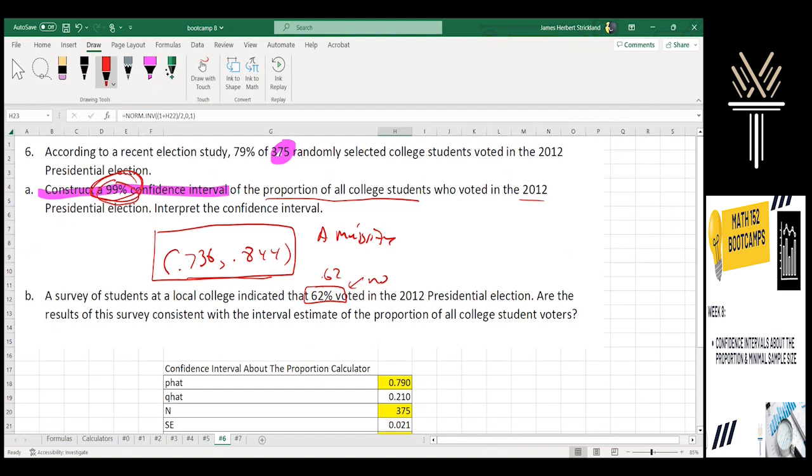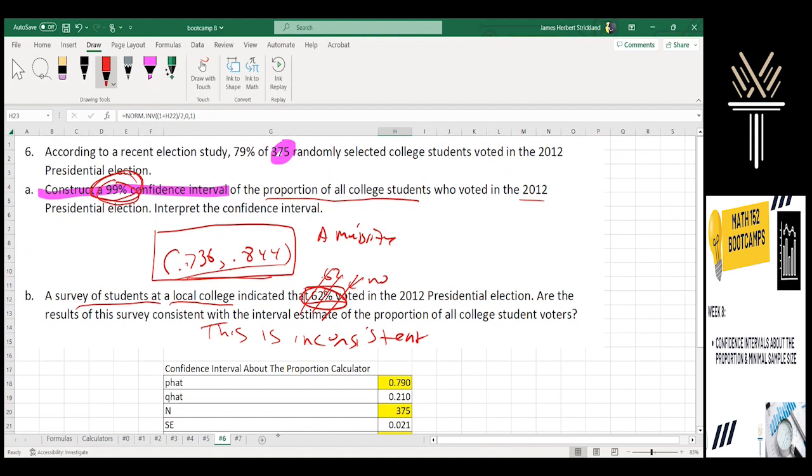Maybe their population at this college is just different from the overall population. Maybe they did a bad study. All we know is that their number does not make sense with our results. And so we would say this is inconsistent. Something is up with that measurement. We don't know what it is. We don't know if these students are just really different from everybody else.